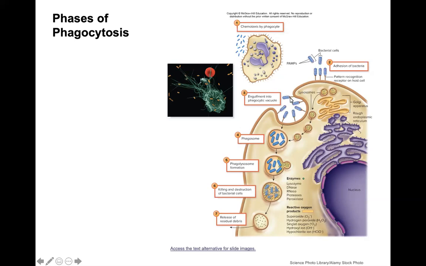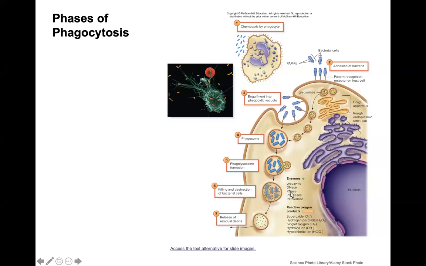Once that recognition occurs, or the adhesion of the bacteria occurs to the surface, you'll get engulfment into the phagocytic vacuole. This will come in through an endocytic pathway, which will form a phagosome. The phagosome will then merge with a lysosome, forming a phagolysosome. Once you form the phagolysosome, the enzymes such as lysozyme, DNase, RNase, proteases, and peroxidases act.